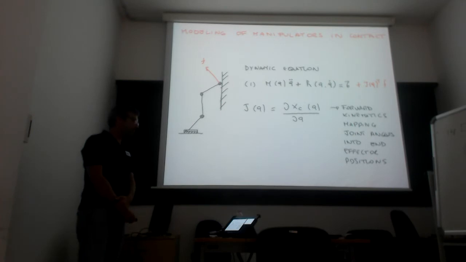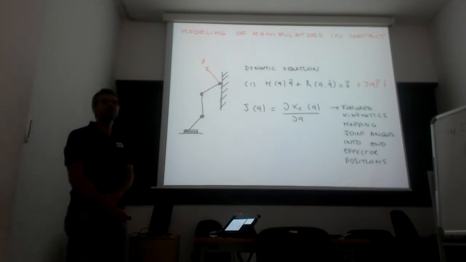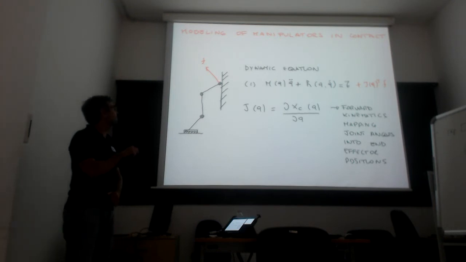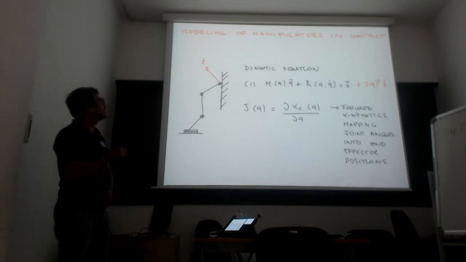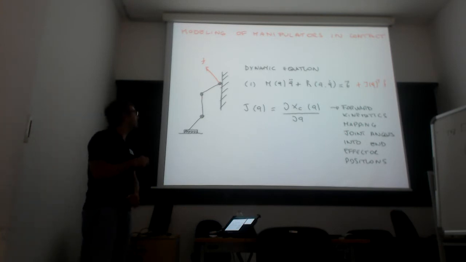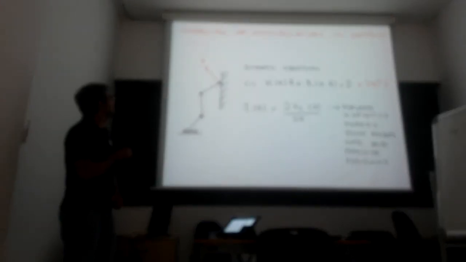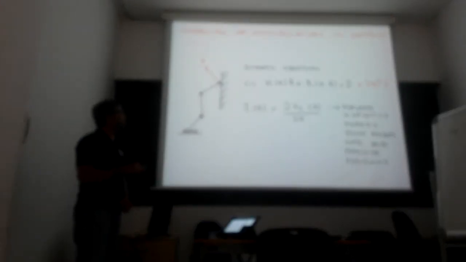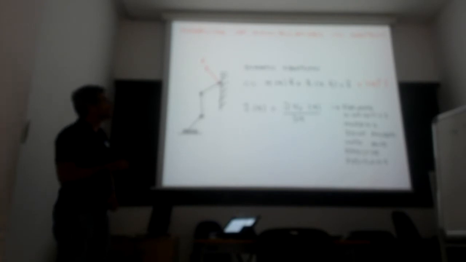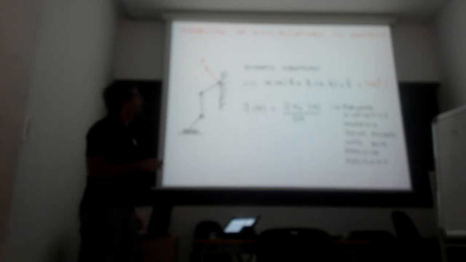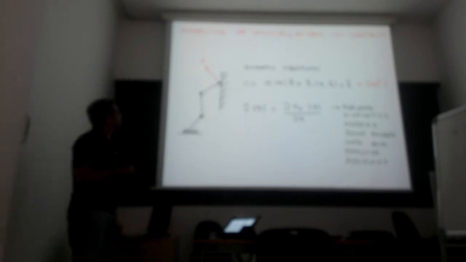So if we see a fixed base robot, again we are talking about a fixed base manipulator that is entering contact with the end effector in one point. Let's say there is a wall here. You see that there is a force that appears, and this force enters in the dynamic equation that we wrote before with a Jacobian transpose, where the Jacobian is computed for the end effector point.